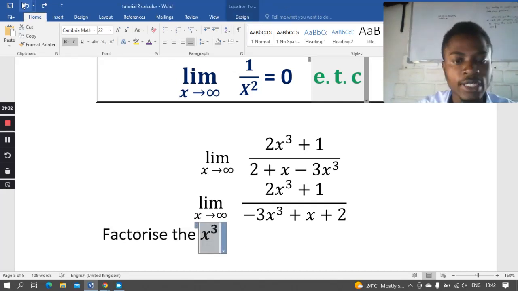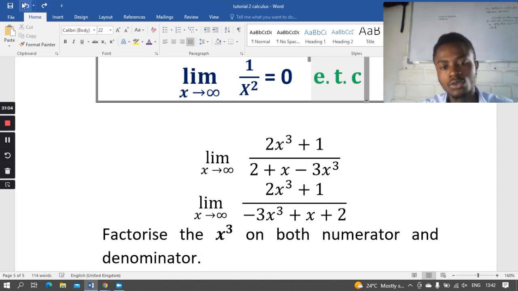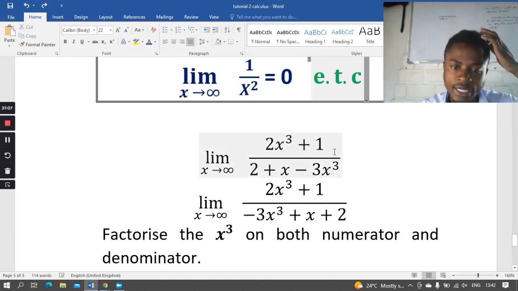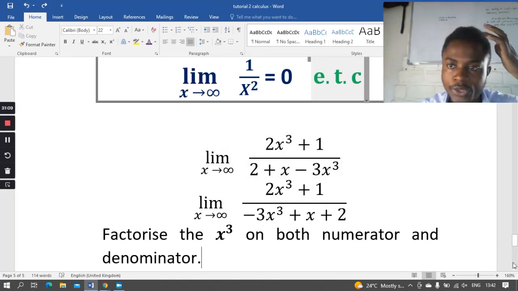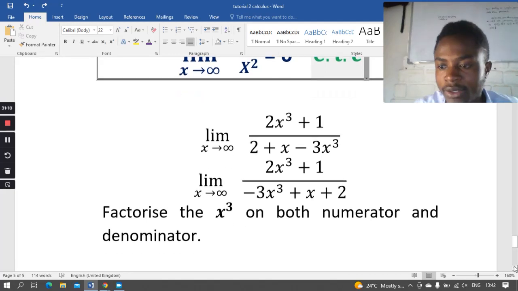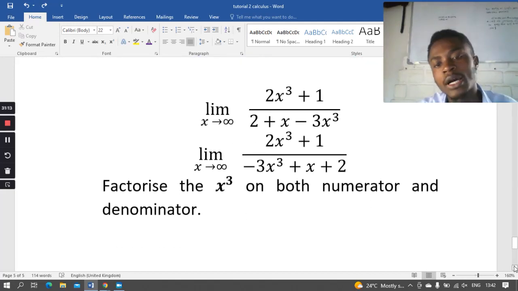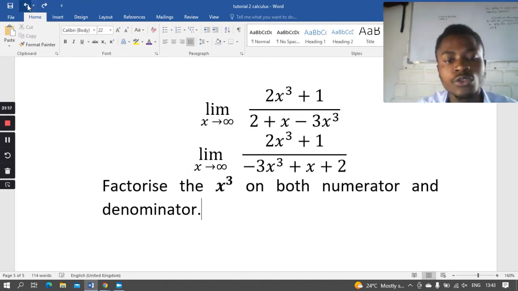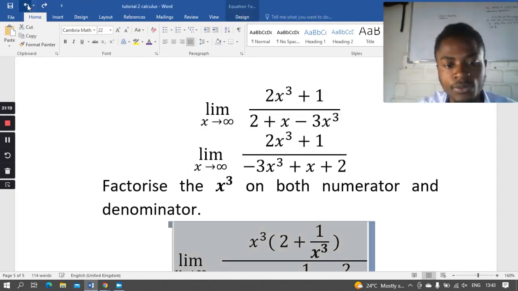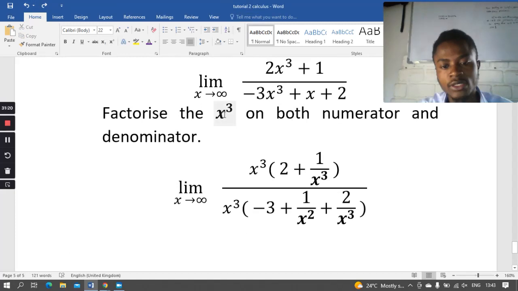So what I'm going to do is factorize the x cubed on both the numerator and the denominator. If I do that, this is what I'm having.